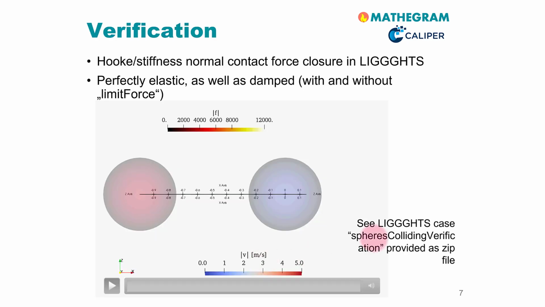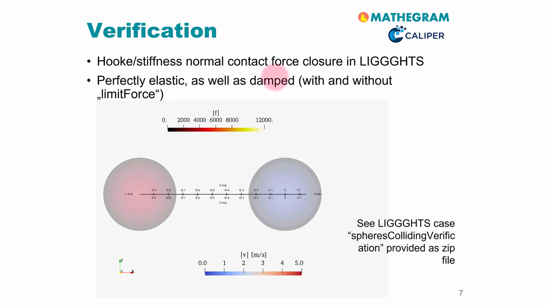Let us now look at an example. Here we have used the Hooke stiffness normal contact force closure available in LIGGGHTS. This closure allows us to directly specify the stiffnesses that should be considered between the two particles in a contact. We have looked at the perfect elastic case, so coefficient of restitution equal to 1, as well as damped situations.